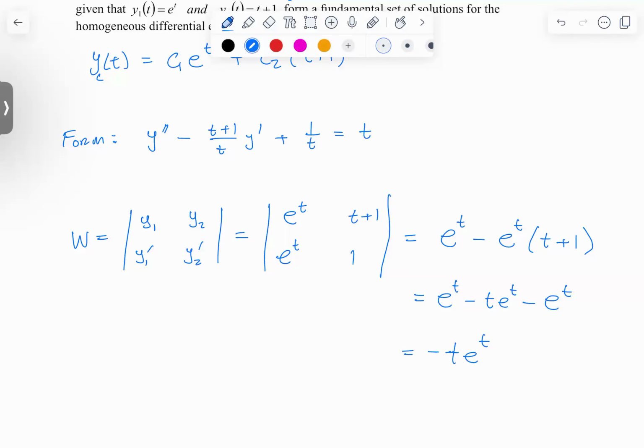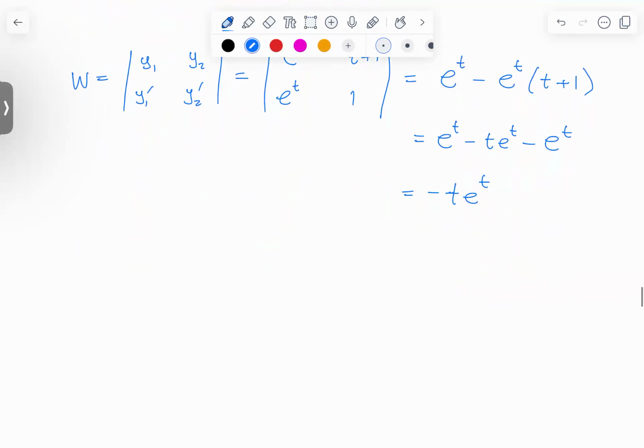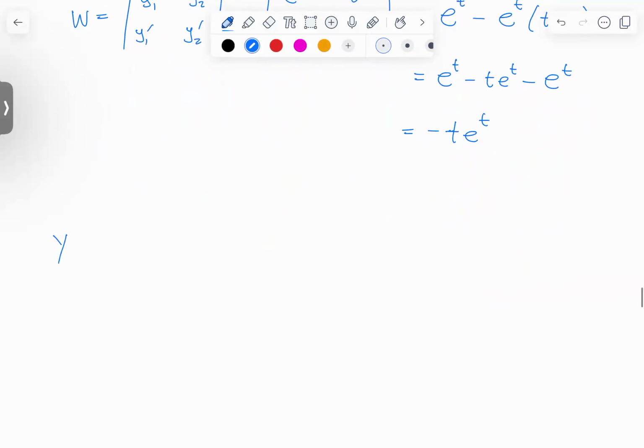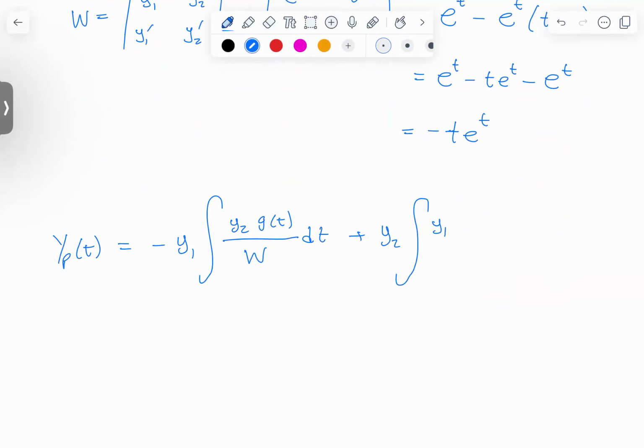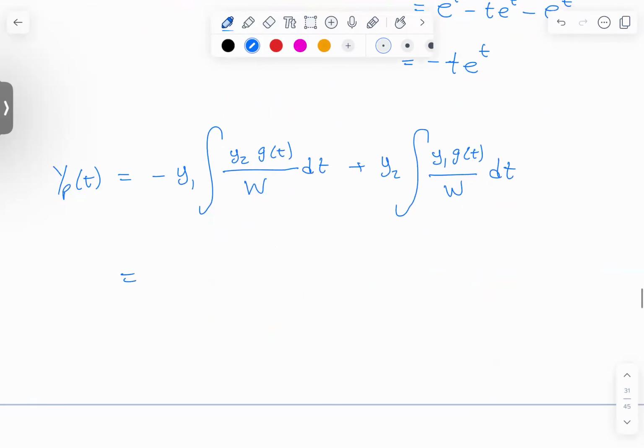Which gives us negative t e to the t for the Wronskian, and we should be able to then set up our formula for variation of parameters. Well, it was e to the t.